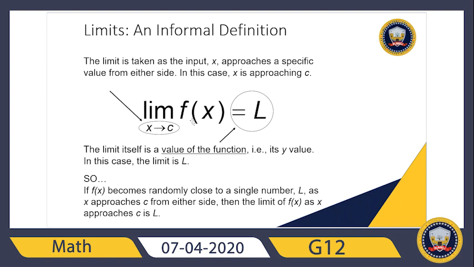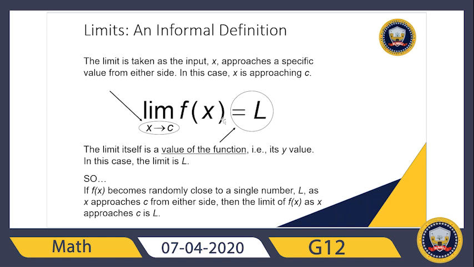If we have the function f(x) and I write the limit of f(x) when x goes to c equals L, this means that the y value of this expression, which is the limit, equals L. So x goes to c, the function goes to L. This is why we have the limit of this function f(x).